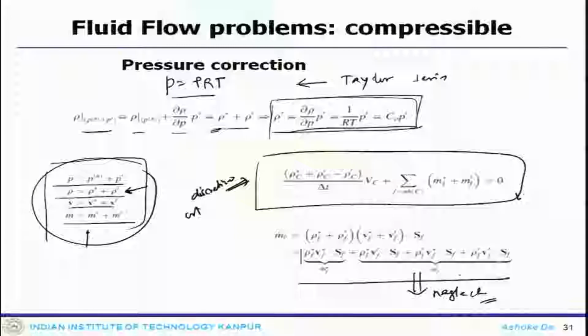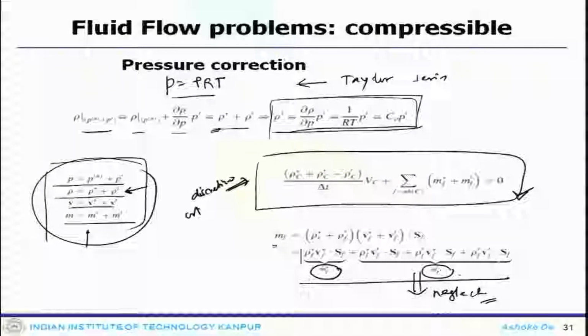continuity equation, you get this equation, where m dot f is like this, and this term here can be treated as the intermediate m dot f star, and this is m dot f prime.